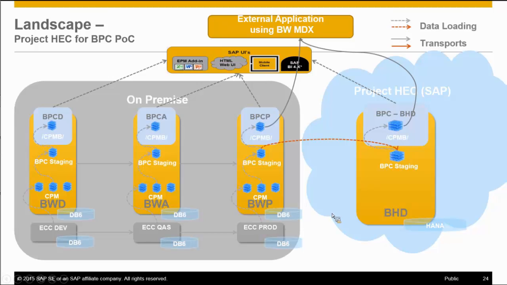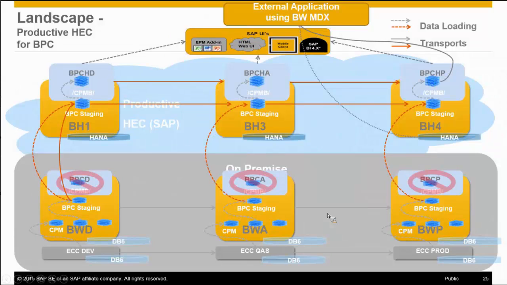And then after the proof of concept was done, the customer agreed to go live. So we moved into the productive landscape, and that looks more or less like this. We are no longer using the on-premise BPC components, but that is all separated now into the productive landscape, where they now also have 3 tiers.